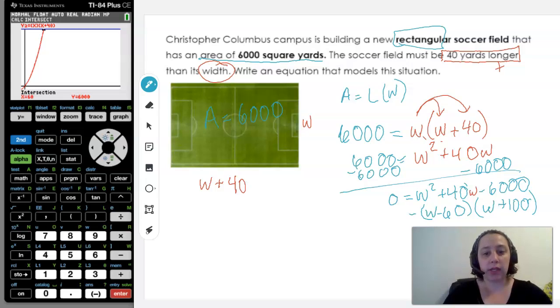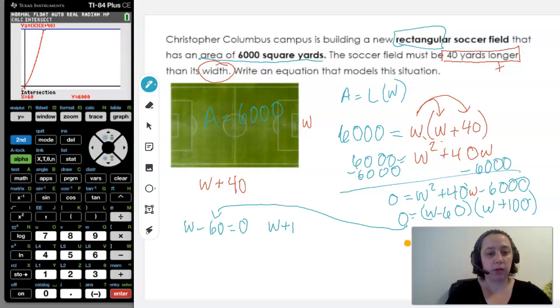And then we can set each of these equal to 0. I'm going to continue over here. W minus 60 equals 0, and W plus 100 equals 0. You solve these.